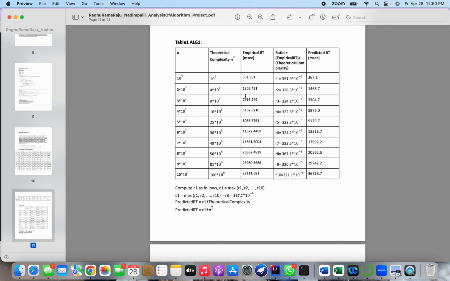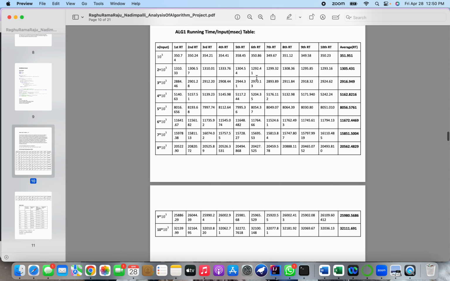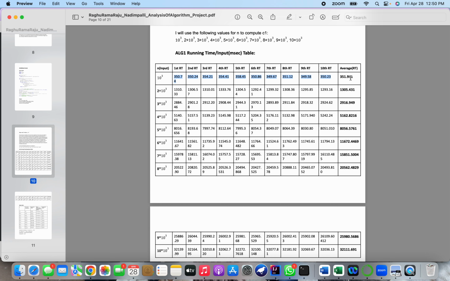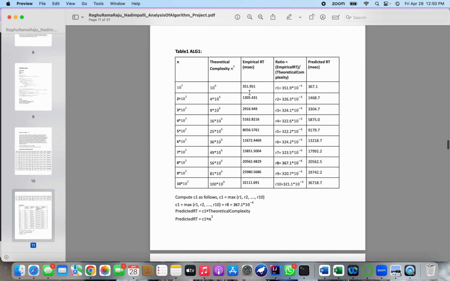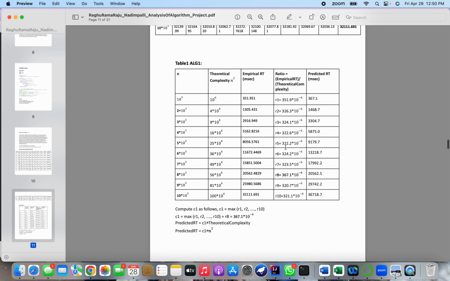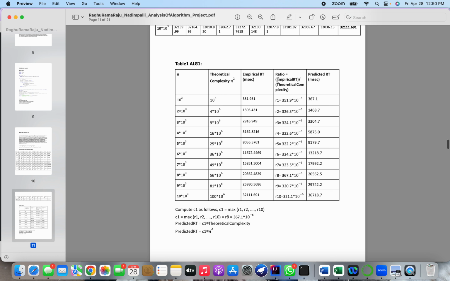Empirical RT is nothing but the average of the 10 running times for the input 10 power 3, which is 351.95. In the same way, we find the average running times of the 10 RTs we did for each input. The ratio is empirical RT divided by theoretical complexity. That means 351.951 divided by 10 power 6, which is 351.9 into 10 power minus 6.